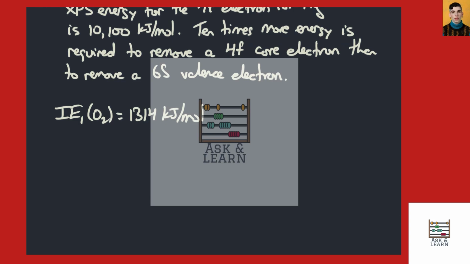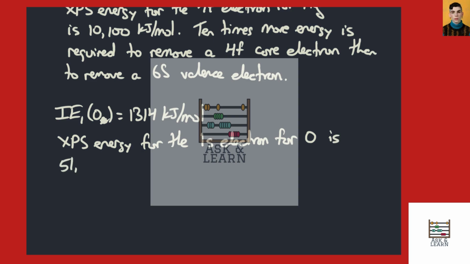And the XPS energy for the 1s electron for oxygen, sorry, this is not O2, just oxygen, is 51,200 kilojoules per mole.